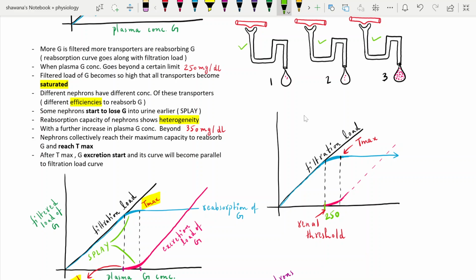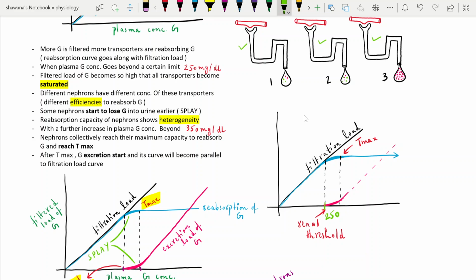All of the transporters that are transporting glucose from the proximal convoluted tubule into the blood are saturated. So this group starts to leak glucose, and after that, when the concentration increases more, another group of nephrons starts to lose glucose into the urine, and a point comes when all of the nephrons collectively have reached their maximum reabsorption of glucose.